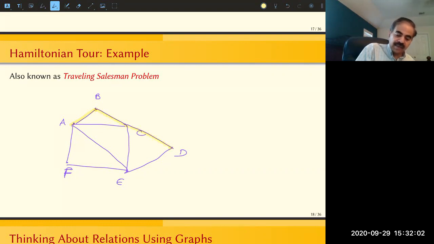So you can think of an undirected edge as a pair of edges, one in each direction, right? So that is a tour that visits every city once. So it's basically going to be a cycle that visits every city or every node in the graph, right? So that's called a Hamiltonian tour.